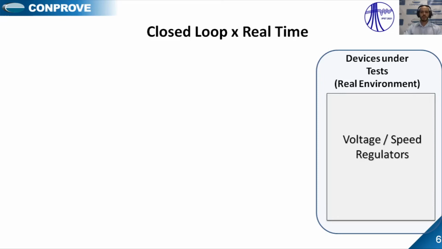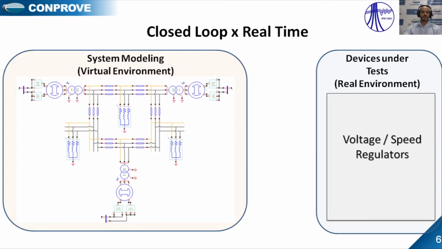To test a device like a voltage or a speed regulator, we need to do this in real-time condition. Why? Because our virtual environment and the system was modeled inside our simulator.